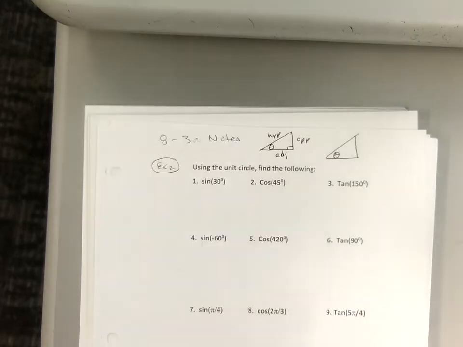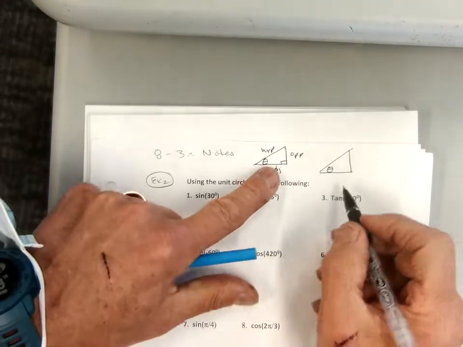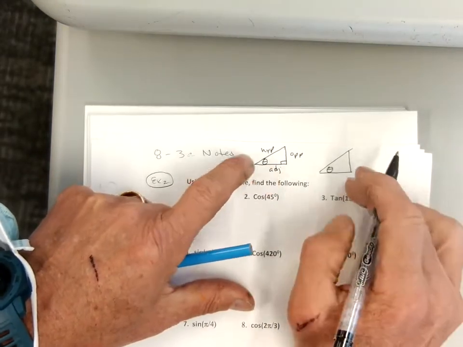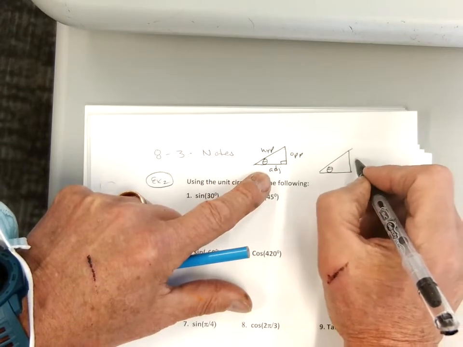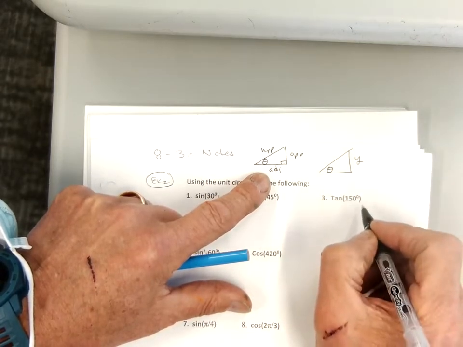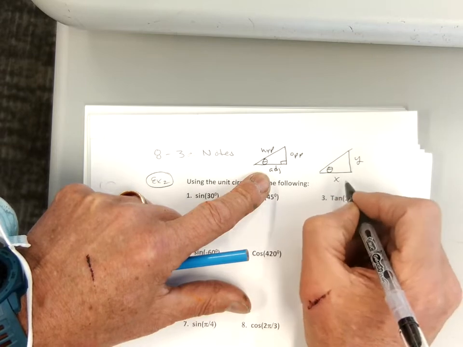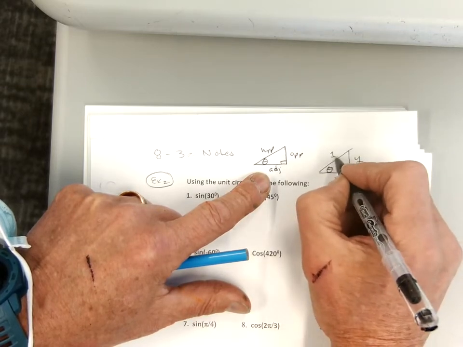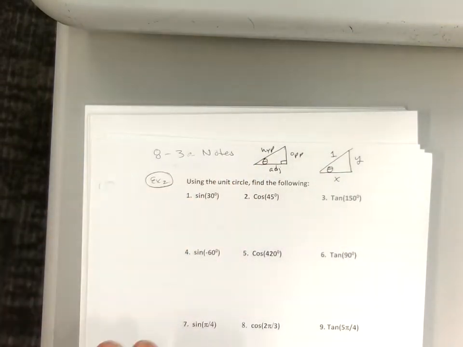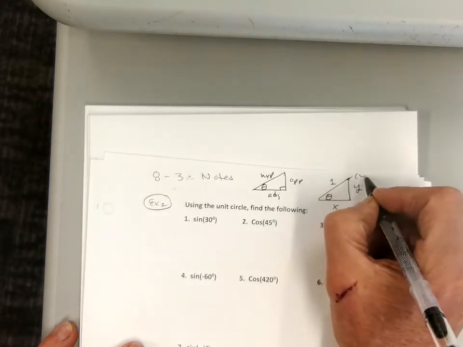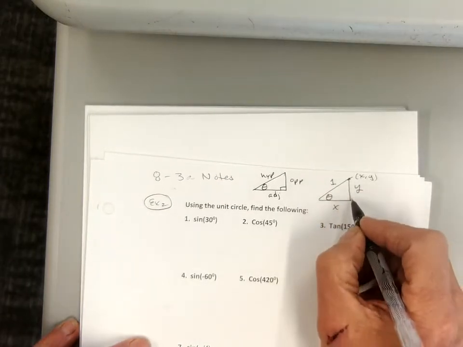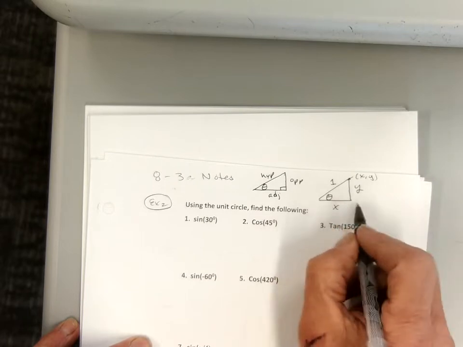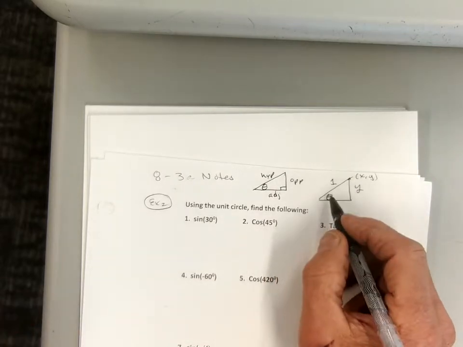What we know about our triangles is the opposite is the same as the y value, and the adjacent is the same as the x value. The hypotenuse is 1, because every point has some x, y value: the y value is up, the x value is over, and your radius is 1.